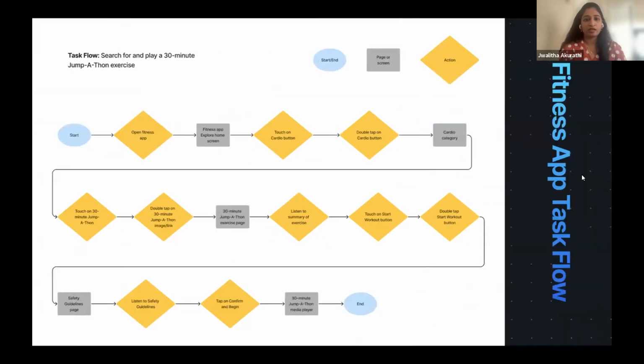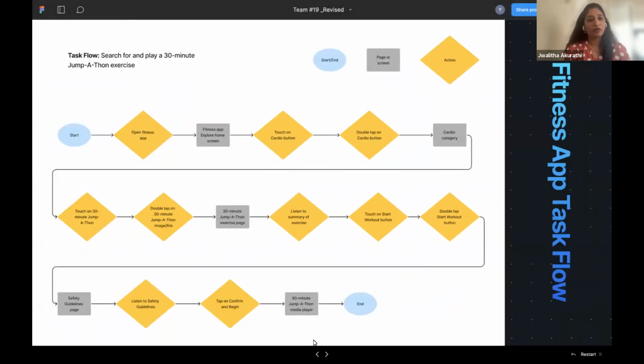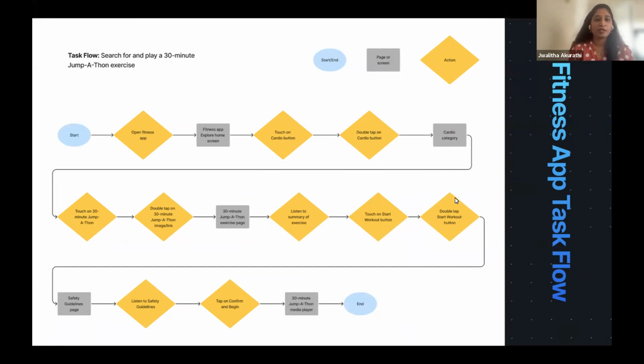Here we have a task flow, which is a sequence of steps where the user can access the app, just like for navigation. We included a simple task where the user can search and play a cardio exercise. These are the steps we included in our task flow.